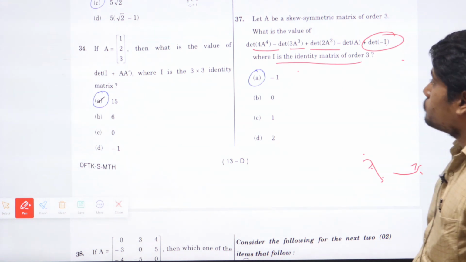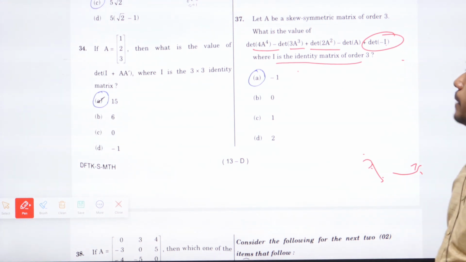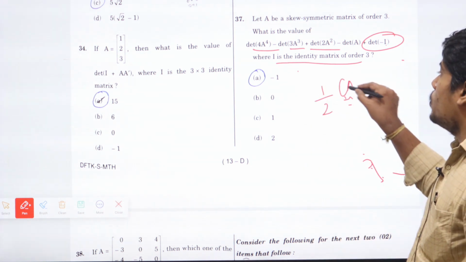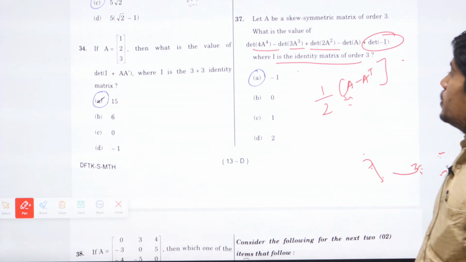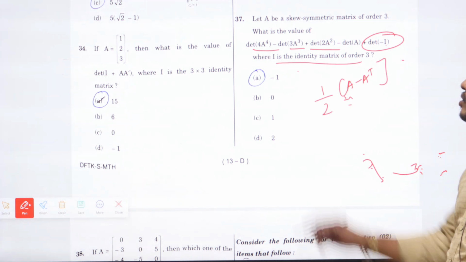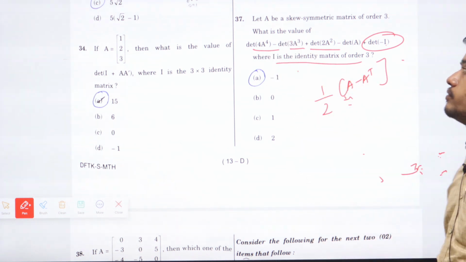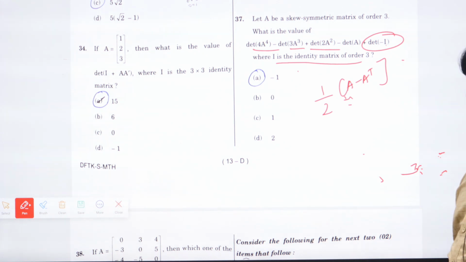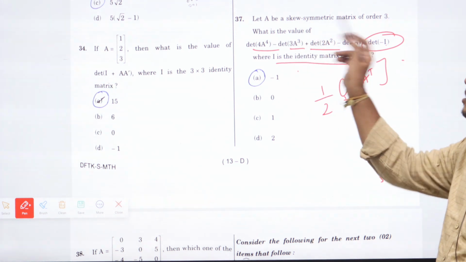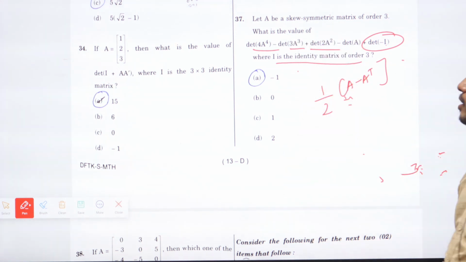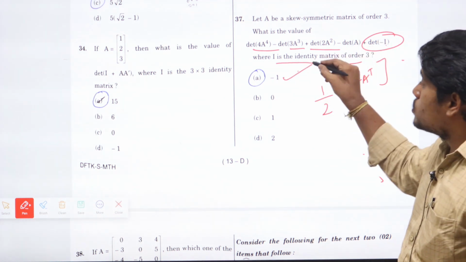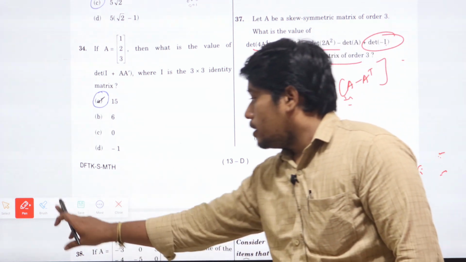You know that skew symmetric matrices satisfy the condition 1 by 2 of (A minus A transpose). This is the condition for a skew symmetric. So using the determinant of 4 into A power 4 and 3 into A power 3 plus 2 into A power 2 and the final determinant of A, you have to change the alternate signs, minus, plus. We get the value minus 1. Minus 1 will be the right answer.